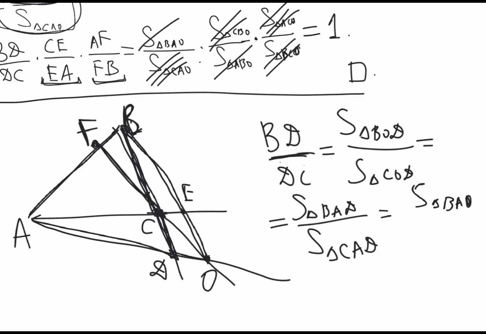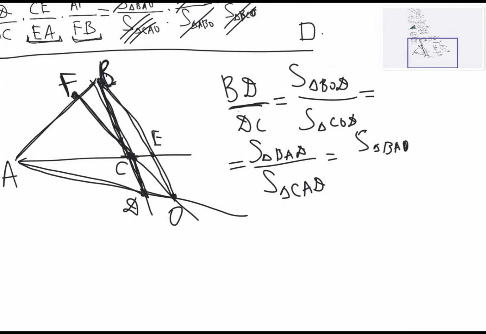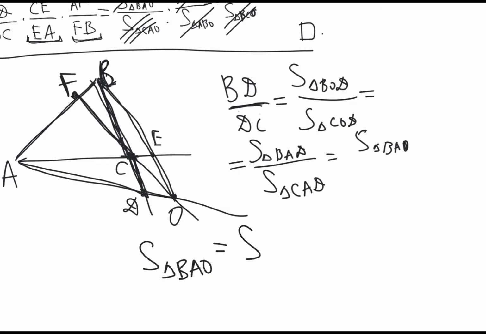So the area of the triangle BAO is now equal to the sum of the area of BOD plus the area of BAD.